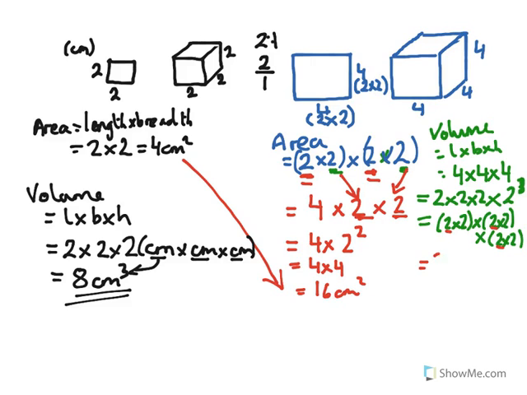That's the same as 2 times 2 times 2, multiplied by the increase in length, the doubled length, which I'll write in green, 2 times 2 times 2. In this particular case, we get 2 cubed here, which we know is 8, multiplied by another 2 cubed, which we also know is 8. So 8 eights are 64 centimetres cubed.